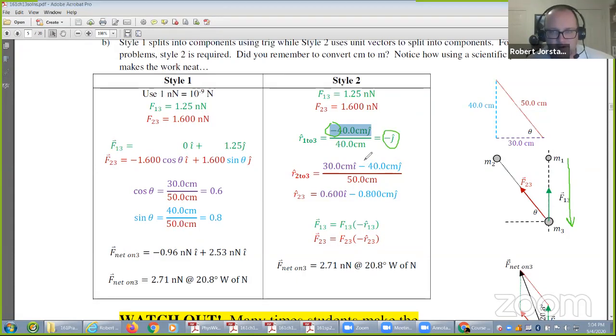And so this is 40 centimeters, negative J hat, right? The magnitude is 40 centimeters, so that's how I get this. Look at R2 to 3, okay? R2 to 3. I go, let's see, 30 in the I, positive, minus 40 in the J. So that's where I get this one.